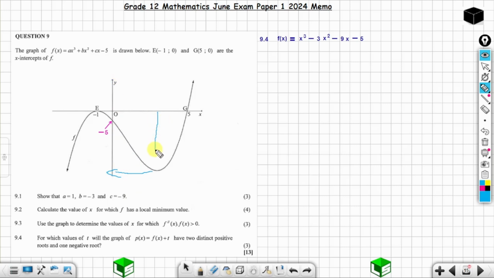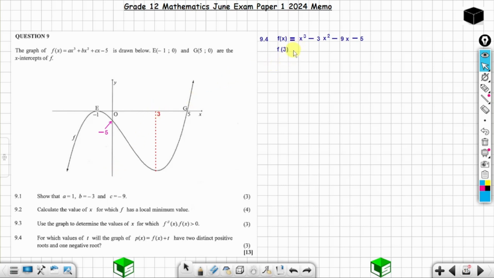Remember, from the previous question, when you were calculating 9.2, it was found that this was equal to 3. The local minimum is at 3. We need to find the y-coordinate of this point so that we can see by how much we are going to shift upward. So let's find f(3).